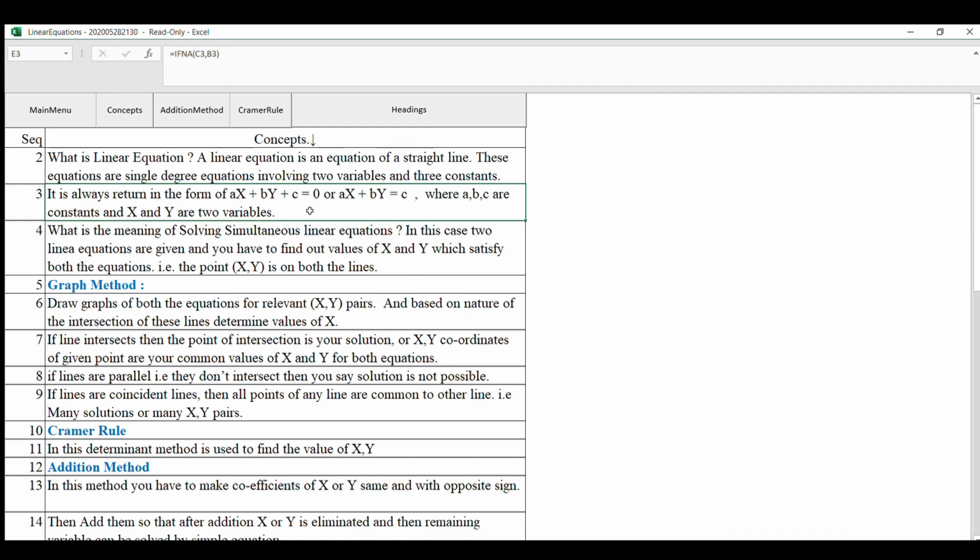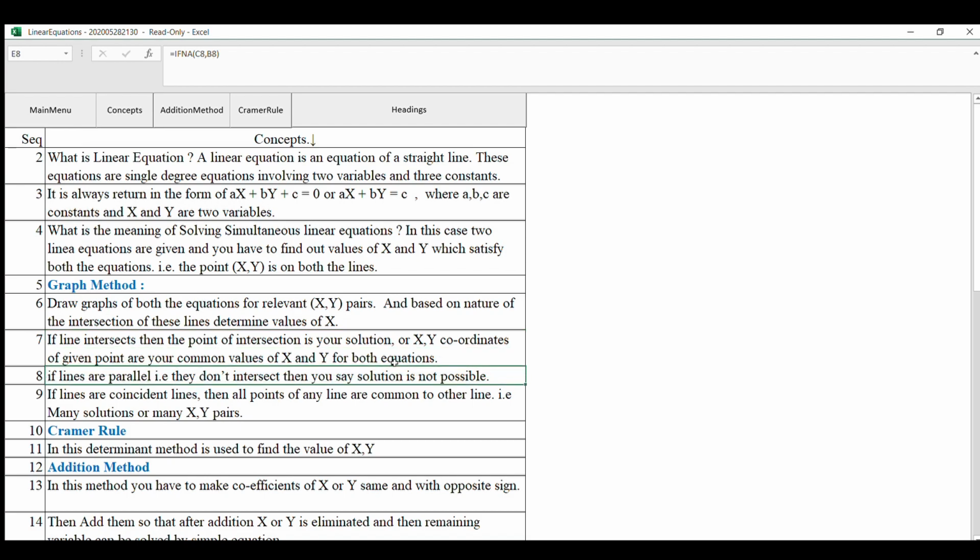So let's take a look at the graph method. Now, if you draw a graph of both the equations for relevant xy pairs, based on the nature of the intersection of these lines, you can determine values of x and y. If lines intersect, then definitely when two lines intersect, they will always intersect at only one point, and the xy coordinates of that point are nothing but your solution to these simultaneous linear equations.